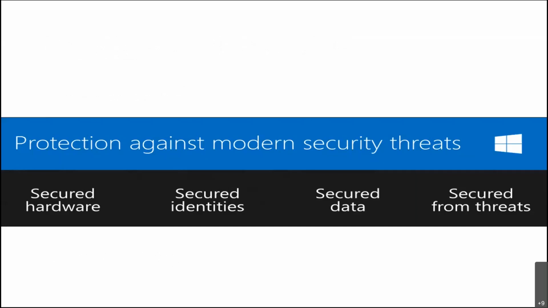So this is the slide which I've taken from the Windows site, which says that if you have secured hardware, if your identities are secure, if your data is secure, then you are 99.9% secured from threats, is what Windows says.